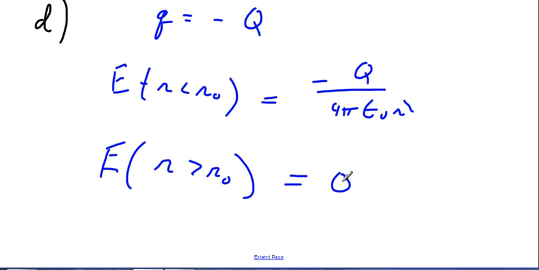Okay, now we're going to move on to number 44. Suppose the charge density between r1 and r2 of a hollow sphere, figure 22.32, varies.